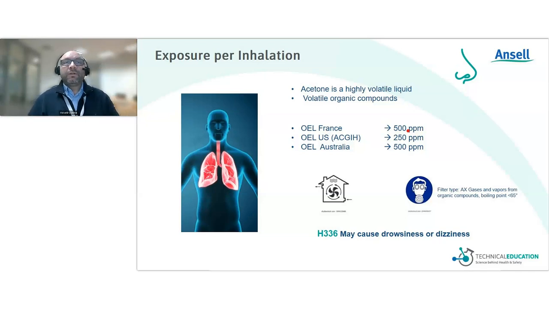Of course, when you are working with an important amount of acetone, you need to pay attention to the ventilation. So one of the actions, if you are using an important amount, is to ventilate your area to remove all the vapors. Remember, high volatility means that the area can have a lot of vapors where workers are working. So ventilation is the first thing to think about.